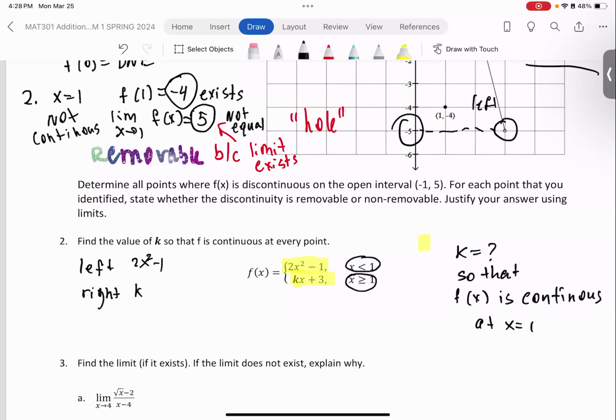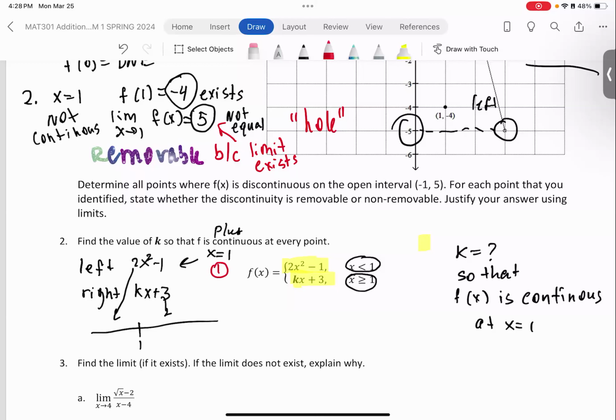Right of what? Right of 1, because this is 1, this is right, and this is left. So if you substitute 1 on the left side, again, let's do it informally and then fit it in with the limits, what do you get? Plug in 1, you get 2 minus 1, you get 1.